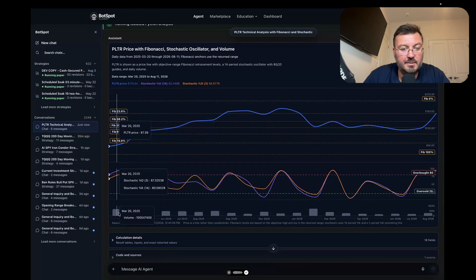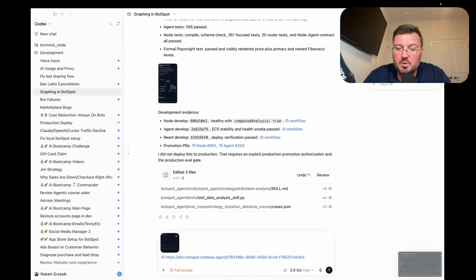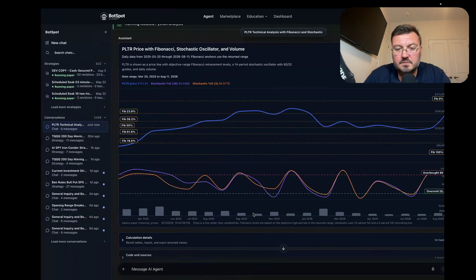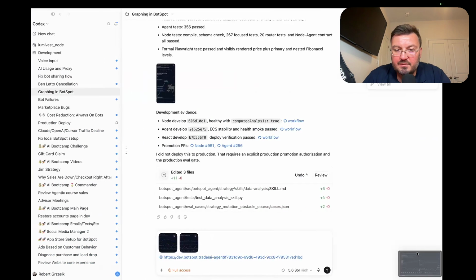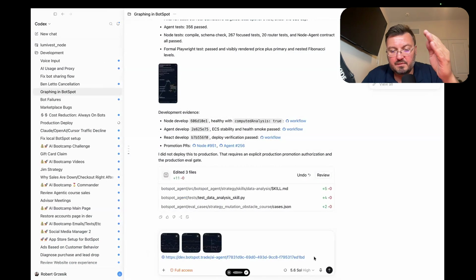If I select volume at the bottom here, notice volume for March 20th, there's a straight line down, but it does not line up with the circles in the line graphs. And then as I move through it, in the middle, they perfectly line up. The circles on the line graph line up exactly with the center of the bar for volume.